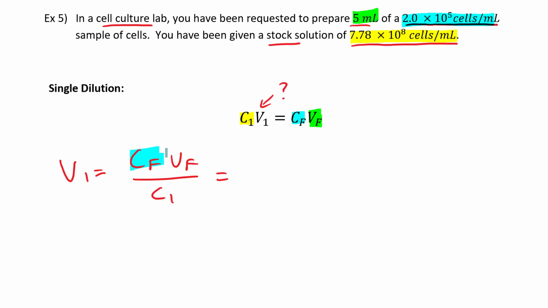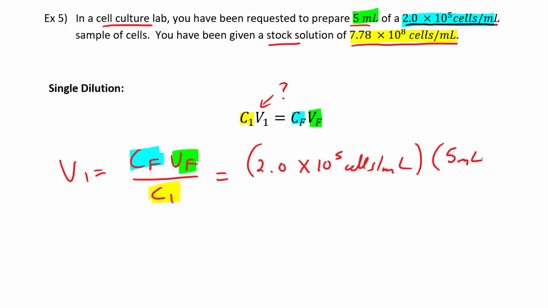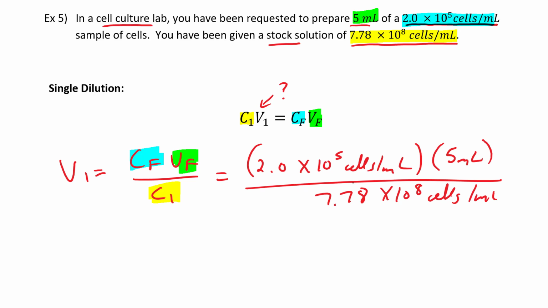Perhaps if I color code it, it will help you. Notice, cells per mil cancel out on top and the bottom, and we're left with milliliters. We do the math now.